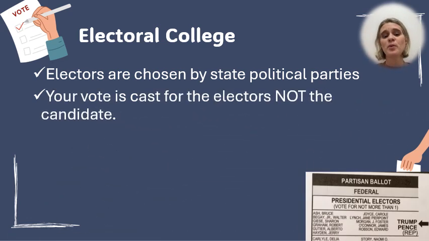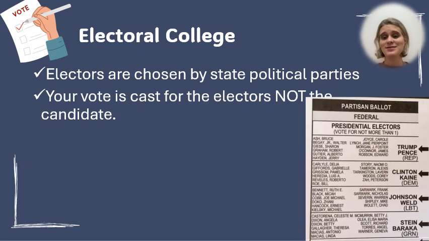When you go to the polls to vote in November, you are not voting for your candidate. You are voting for those electors. So if you take a look here at this ballot, you will notice that this is obviously the ballot from 2016. We've got our candidates on this side.